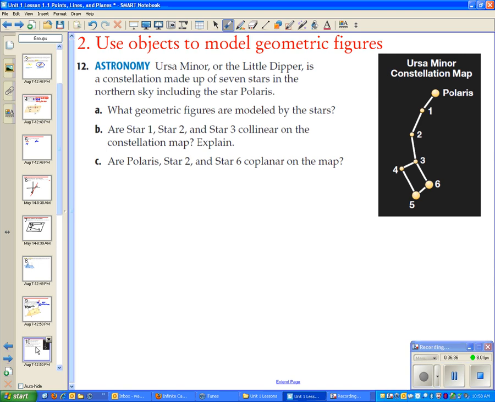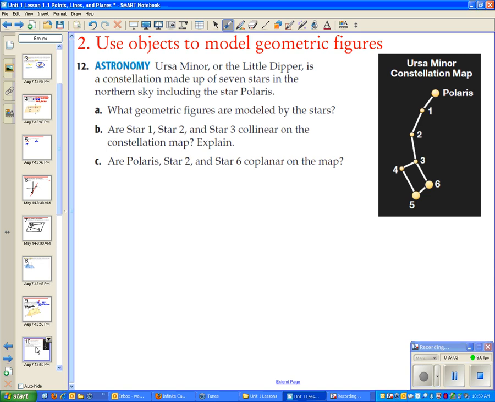Number 12. The problem says, Ursa Minor, or the Little Dipper, is a constellation made up of 7 stars in the northern sky, including the star Polaris. So look at the little map over here. They have Polaris, and then they just number the other stars. They don't name them. It says, what geometric figures are modeled by the stars? Now, we've got to be careful.